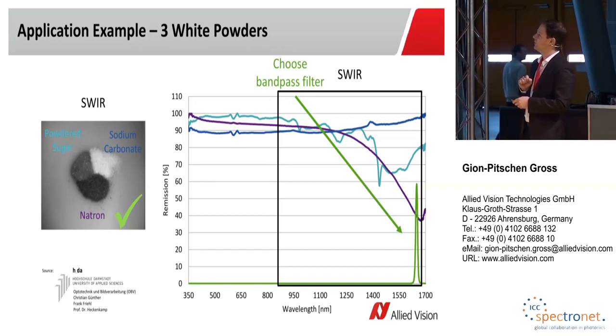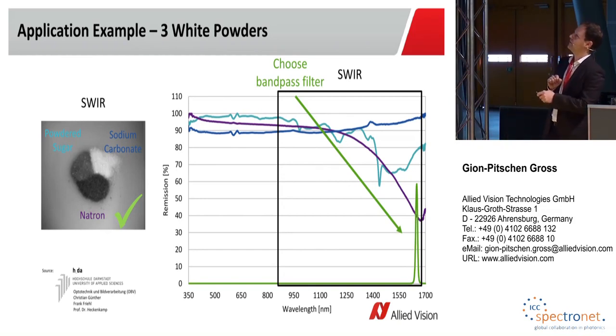So if we look at the curves in that region, we see that the sodium carbonate on the upper right side still has a strong signal and is therefore quite saturated. The powdered sugar, which is somewhere in between the other 2 curves, we see as gray.